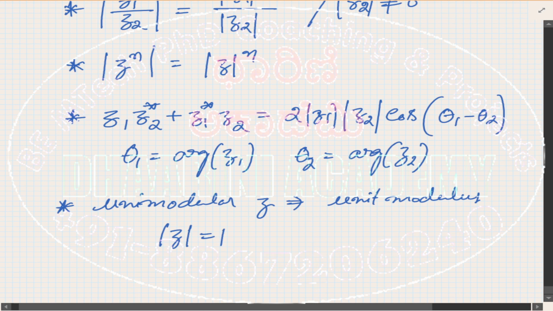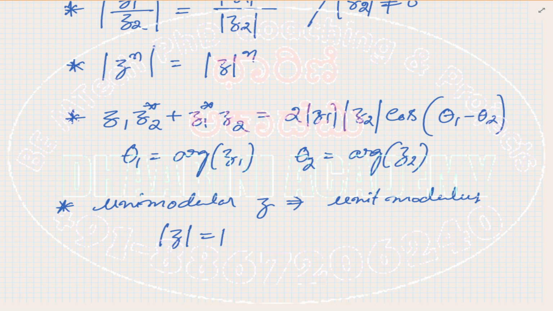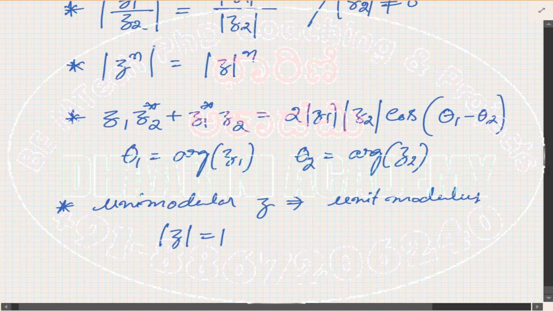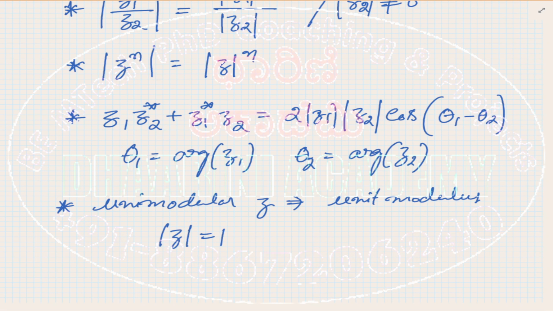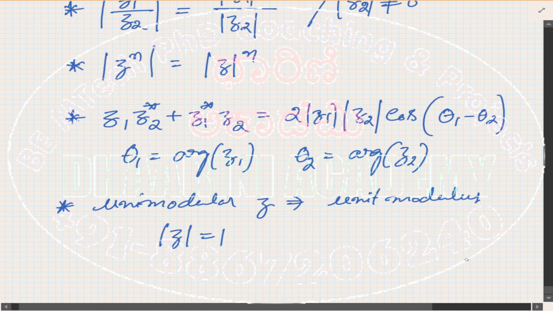Whenever somebody says that z is unimodular, it indicates that the magnitude of z is 1. Okay, these are the properties associated with the modulus or the magnitude.